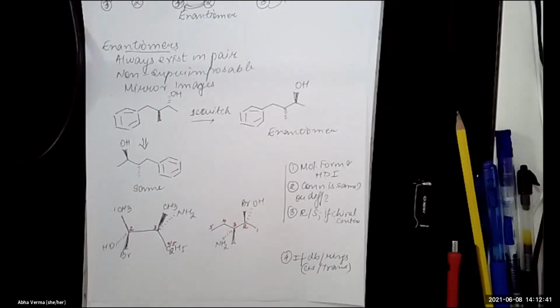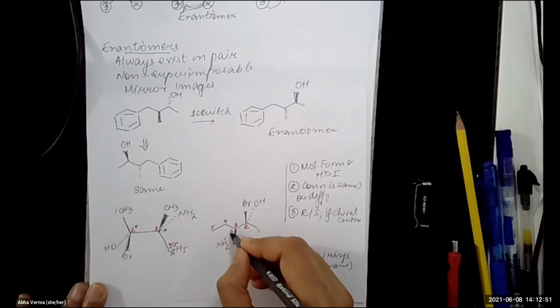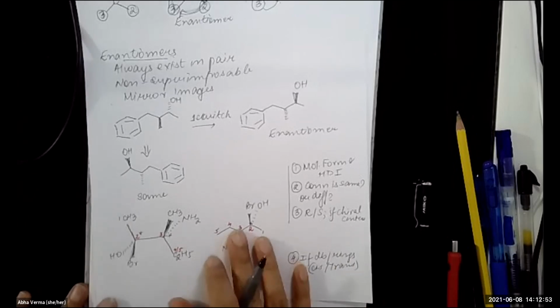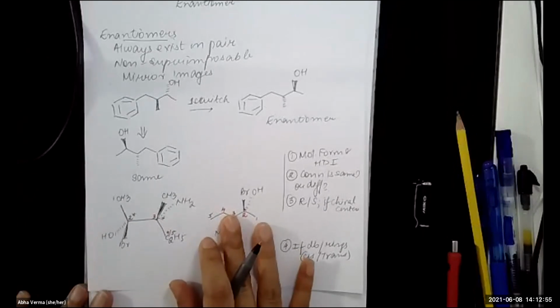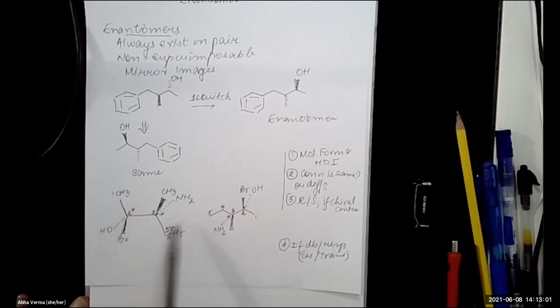So in here, we don't have any double bonds, triple bonds, or rings. We just have sp3 carbons. Chiral here, chiral here, chiral here, chiral here. So I'm going to give all of you a few minutes to figure out what is the configuration of these carbon sites.